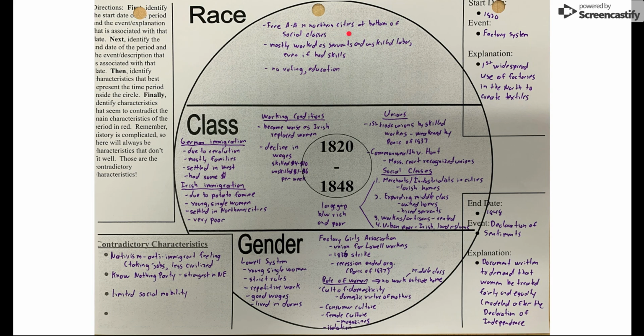particularly in northern cities. Now, they were free, so they were not slaves, but they were still at the bottom of social classes, right? Many of these free African Americans had either escaped slavery or they were the children of people who had escaped slavery. But for many of them, they were former slaves living in the North as free people.